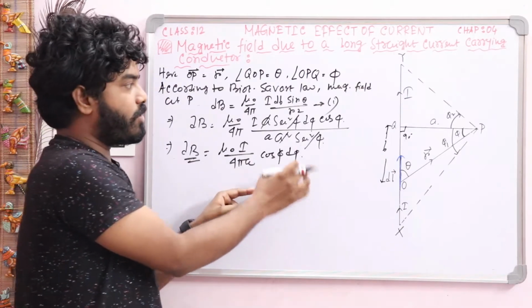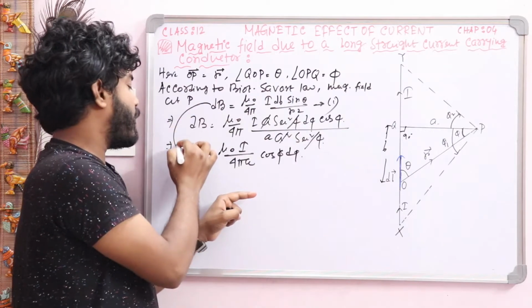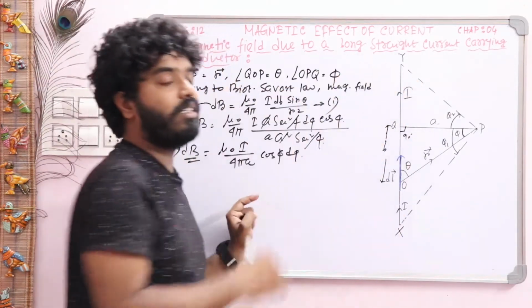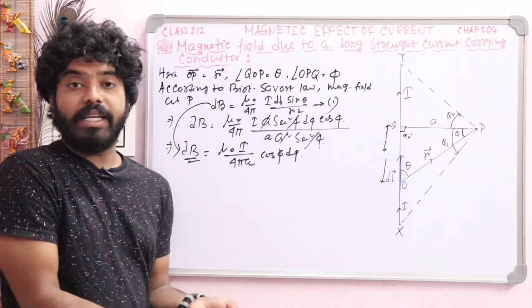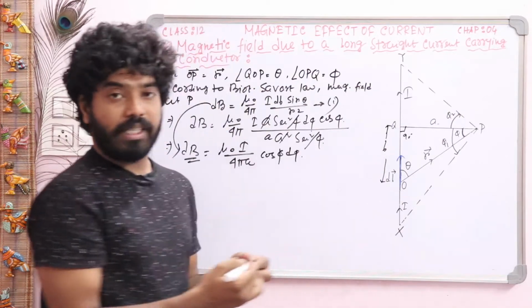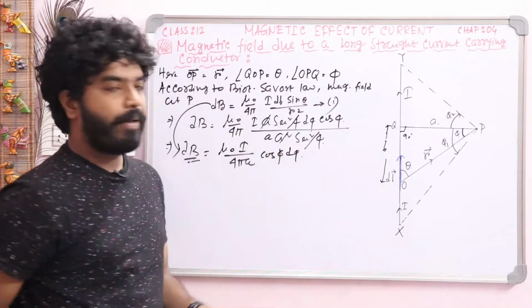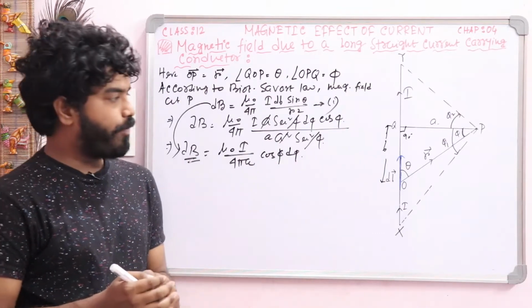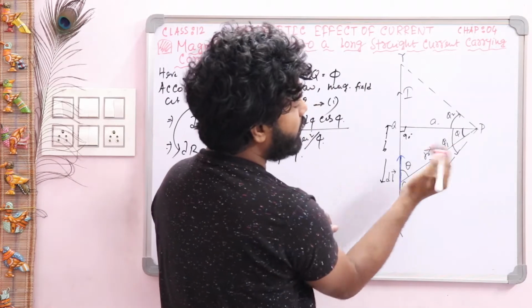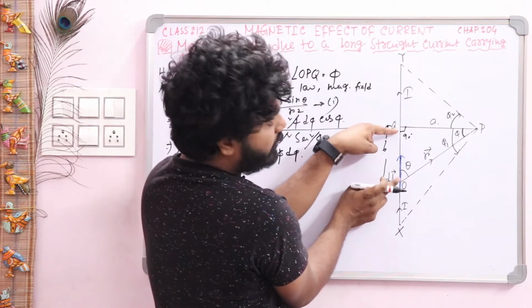At first you have to write down the general formula, then you have to convert this formula in terms of phi, because for finding the total magnetic field, the integration will be from phi 1 to phi 2, to convert the value of dB in terms of phi. Now when we use this value of phi, we are finding the magnetic field for this length.